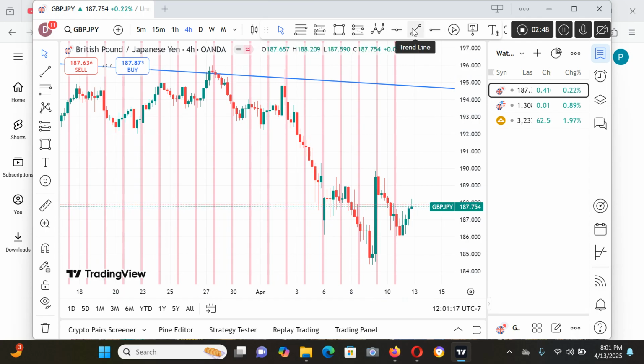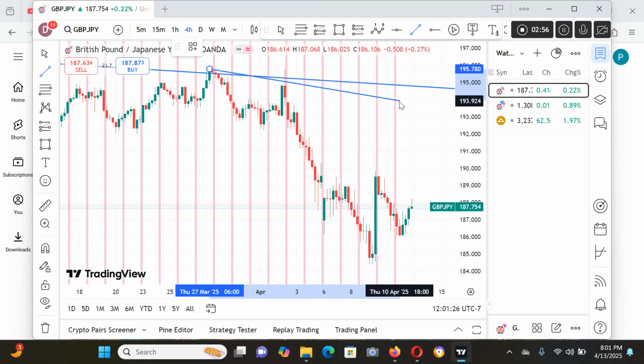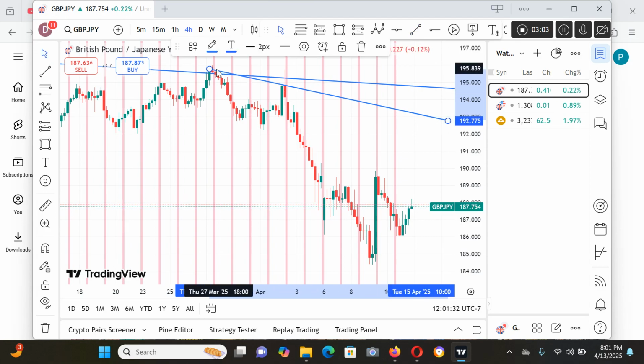So I will draw another trend line from the 4 hour time frame. I will put my trend line tool here and draw my trend line here. You can see this is another trend line from the 4 hour time frame.